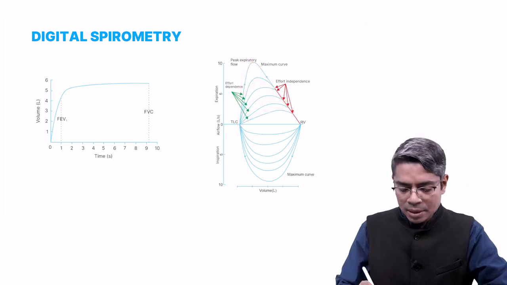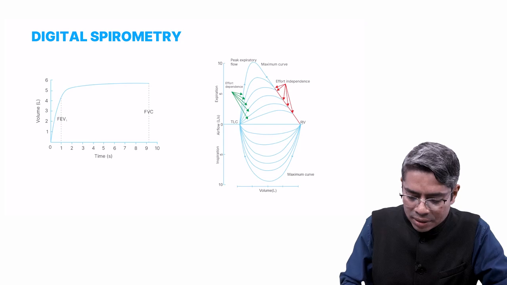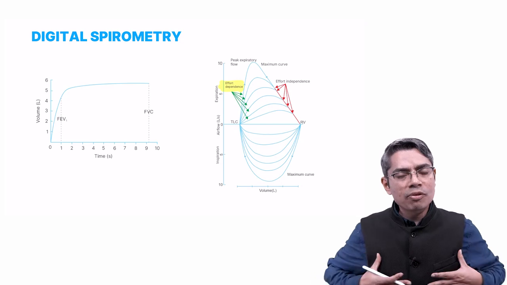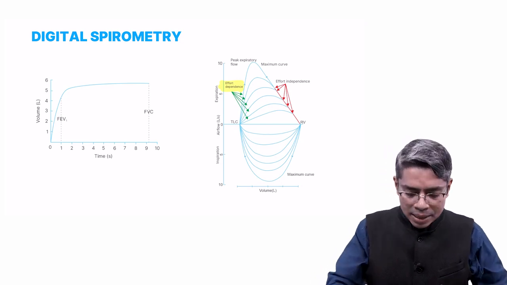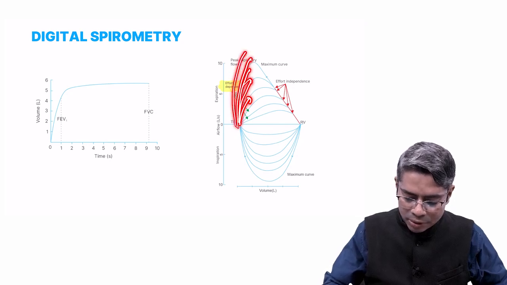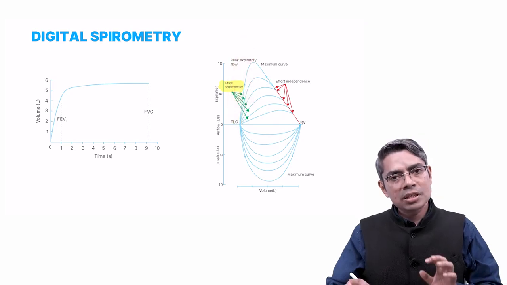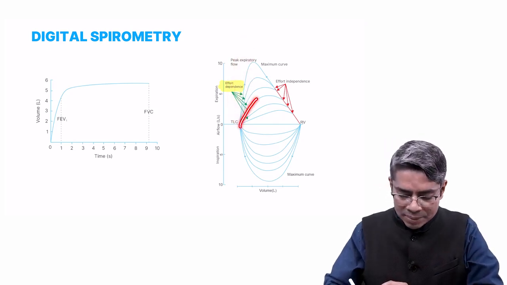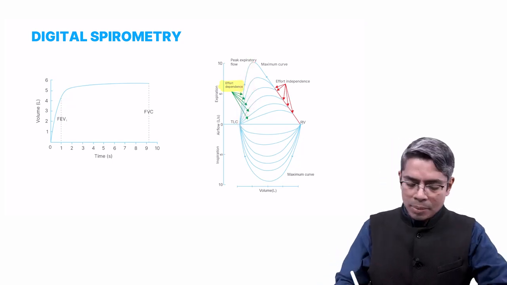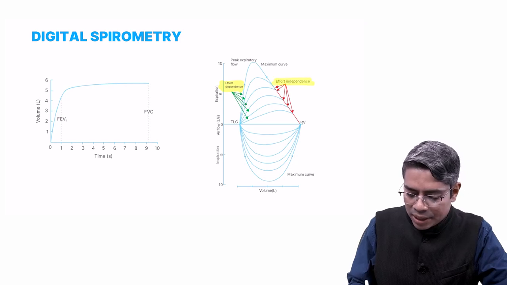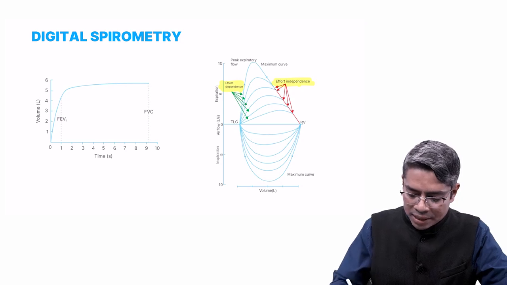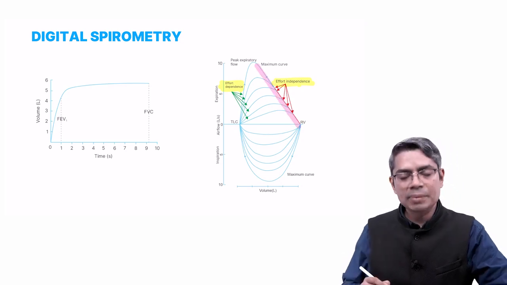But look at the left hand side of this curve, it is written effort dependent. It means if you give more force from your thoracic wall, then you are going to increase this PEFR, the peak expiratory flow rate, more and more. So the peak expiratory flow rate, or the left hand side of this curve, depends on the force from the chest wall. But on the right hand side of this curve, there is almost a straight line decrement of this flow rate.